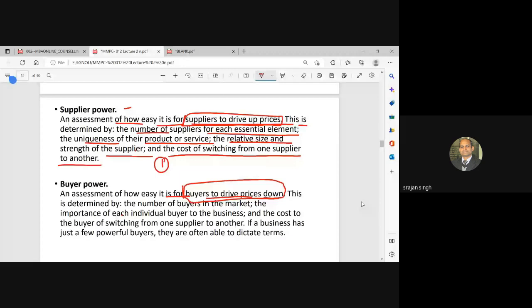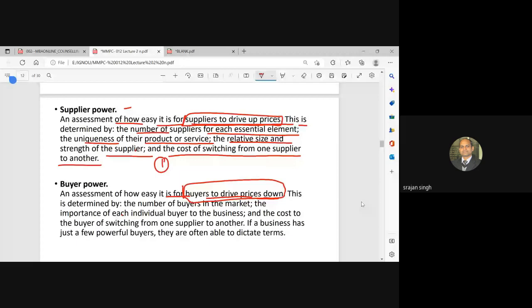This is determined by the number of buyers in the market, the importance of each individual buyer to the business, and the cost to the buyer of switching from one supplier to another.